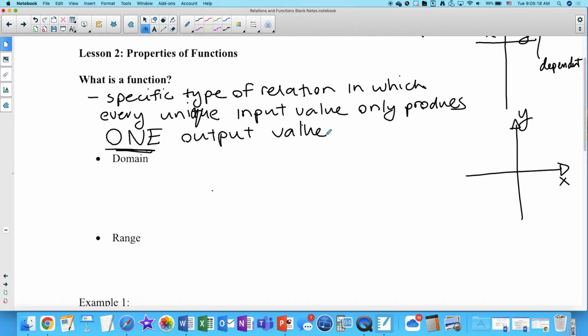This is the most basic definition of a function.